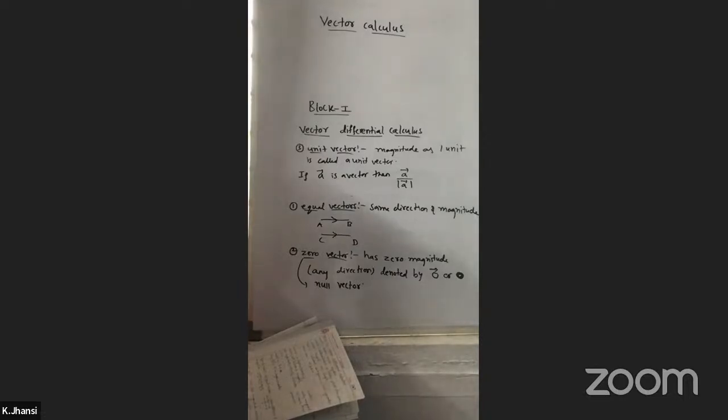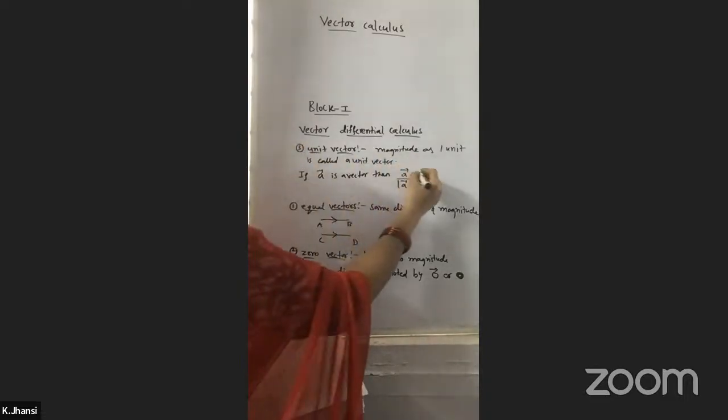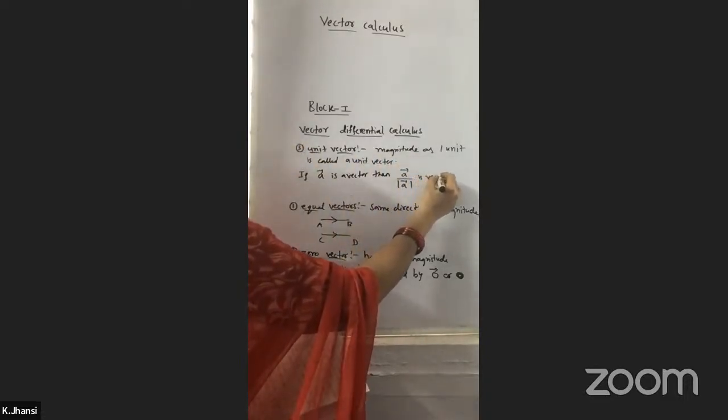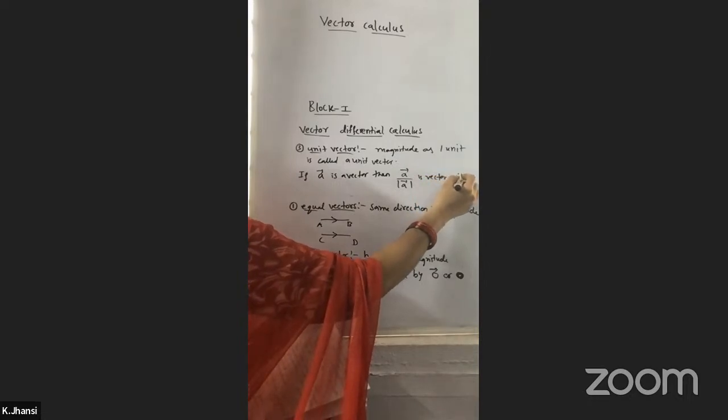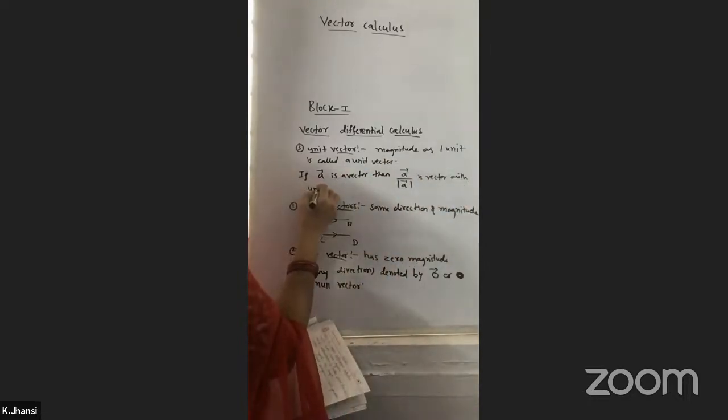So magnitude is 1 and the direction goes along the vector. Then vector A divided by modulus of A is a vector with unit magnitude.